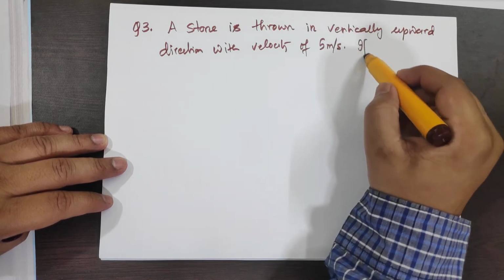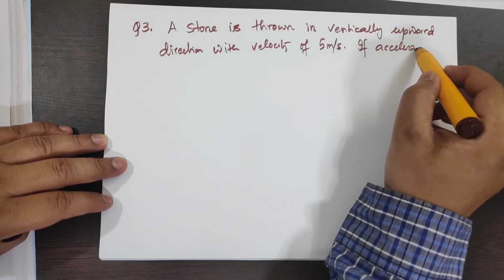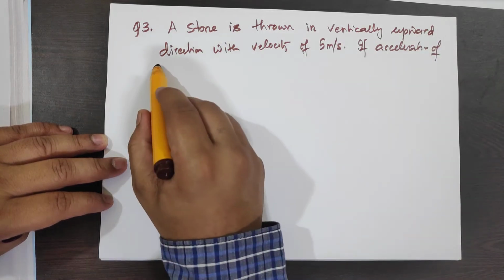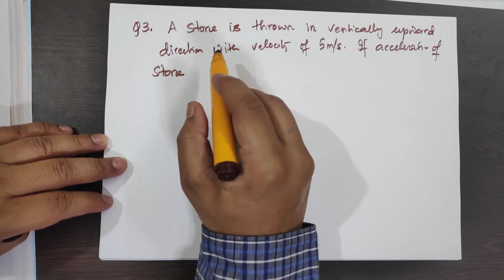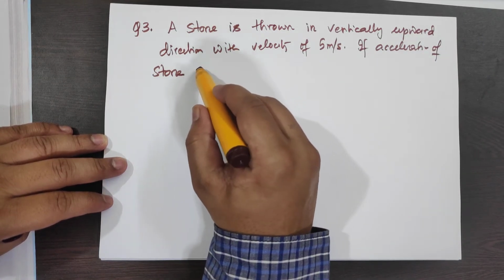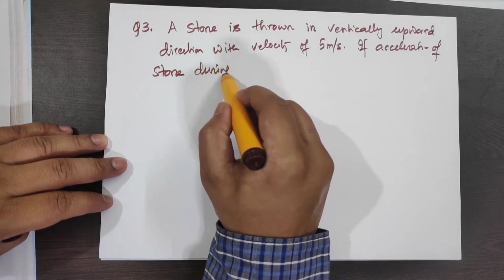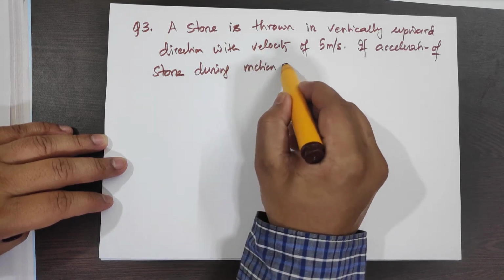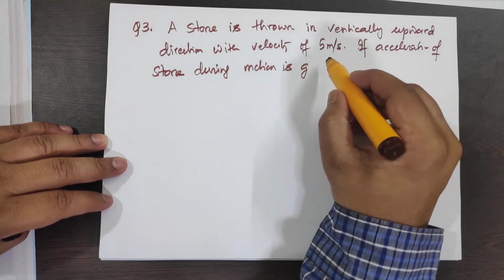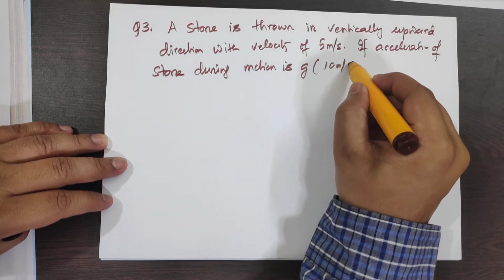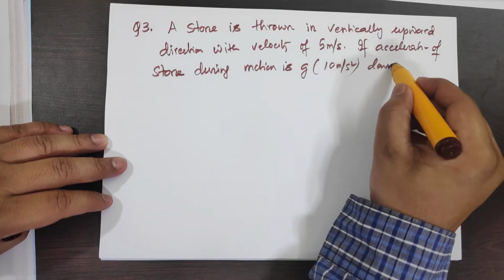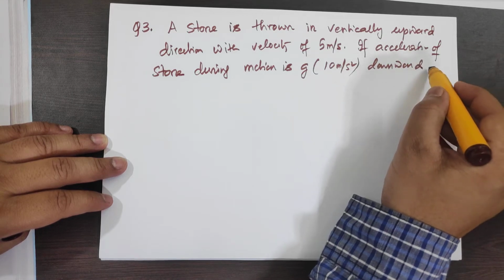If acceleration of stone during motion is g, that is 10 meter per second square downwards. For all bodies it is g downward.